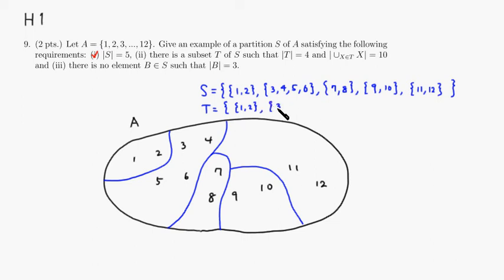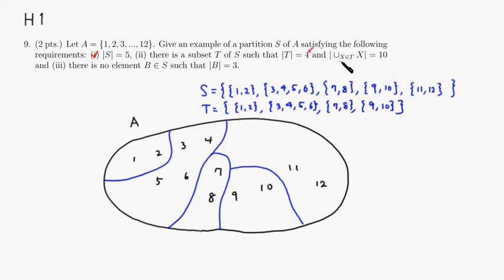And I'll pick 3, 4, 5, 6, so that's 6 total. Then 7, 8 makes 8, and 9, 10 makes 10. I'll just exclude 11, 12. So T has 1, 2, 3, 4 elements, so the cardinality of T is 4. This is satisfied.